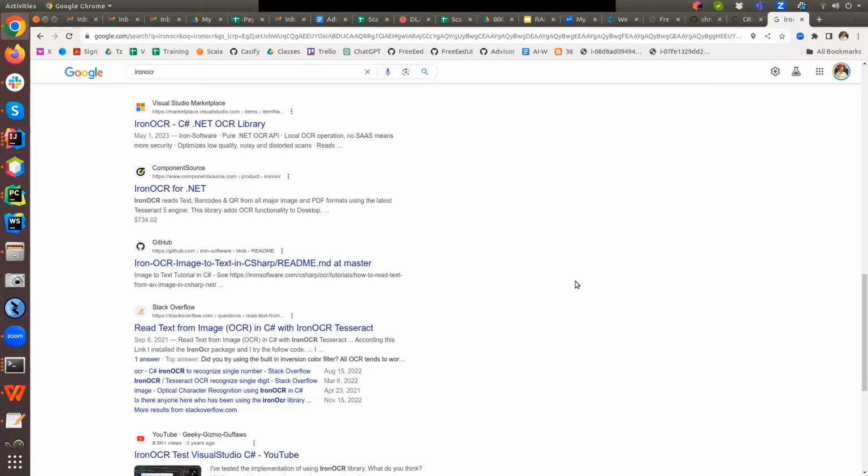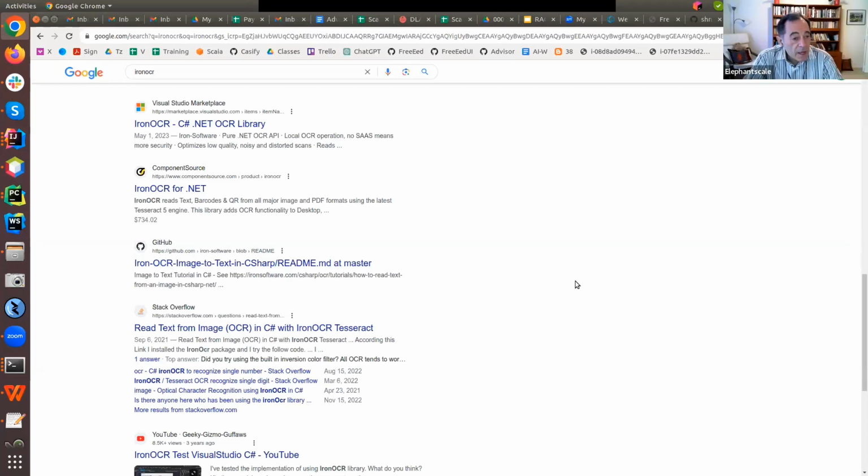No, I'm trying to understand. OCR converts a document image into a list of words, right? Yes. Some of them do a better job, and some keep the formatting and some don't.